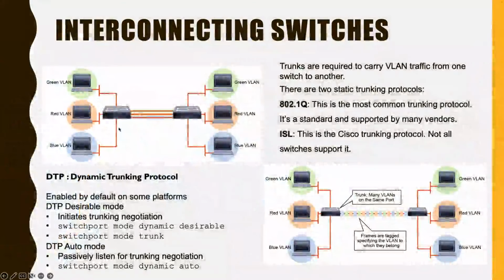For example, there are two switches, and each switch has three VLANs, green, red, and blue, with one host in each VLAN on each switch.